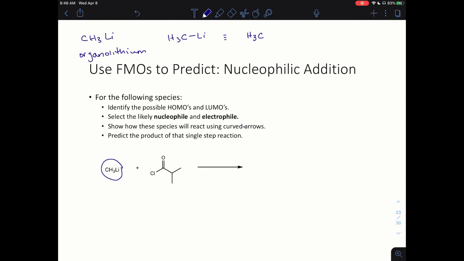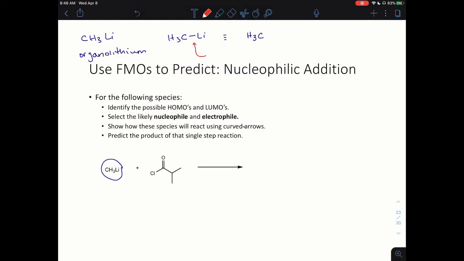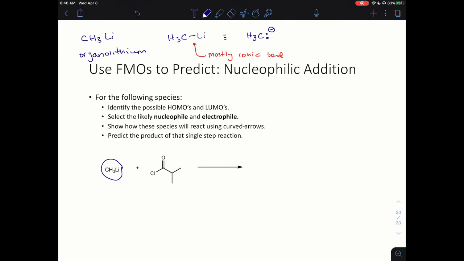There's no such thing as purely ionic or purely covalent. Let's be honest, this is a mostly ionic bond with a little bit of covalent character. So we can really think about this species like this, and that might help us with our HOMO-LUMO analysis.